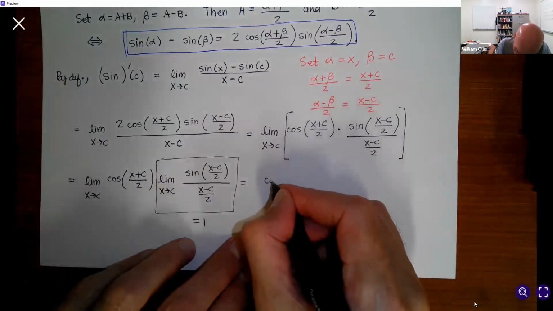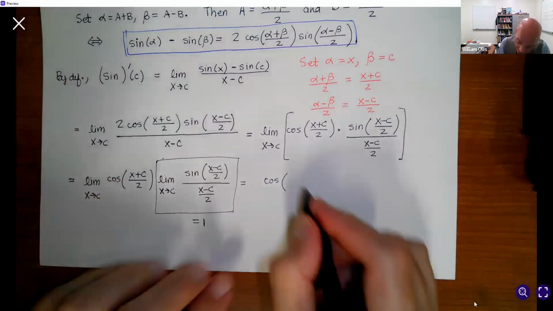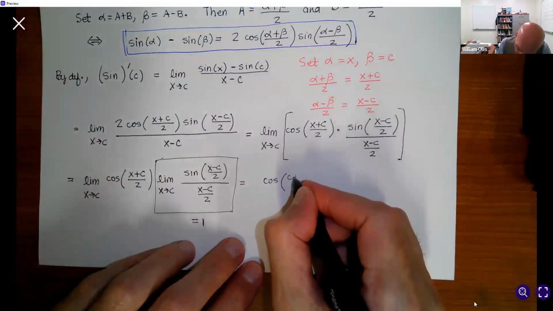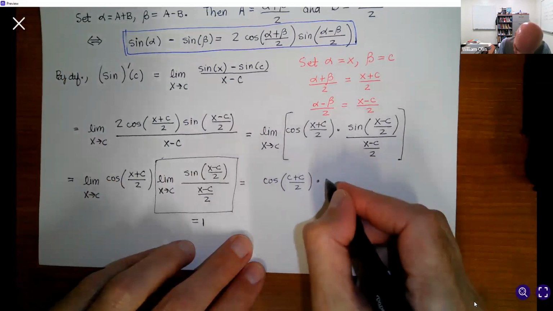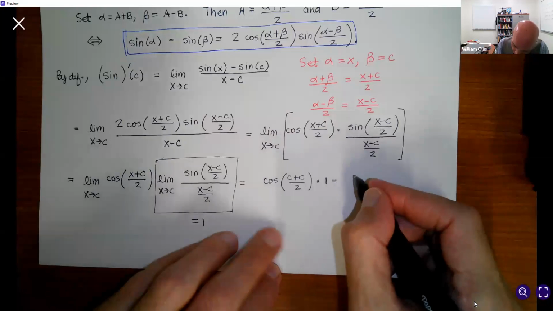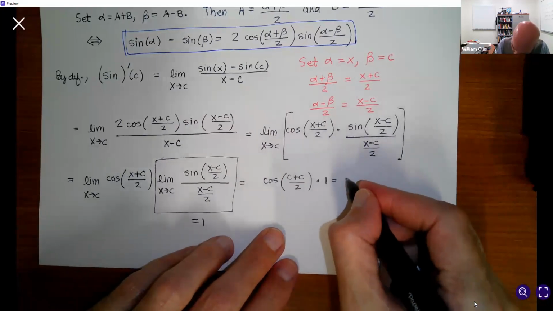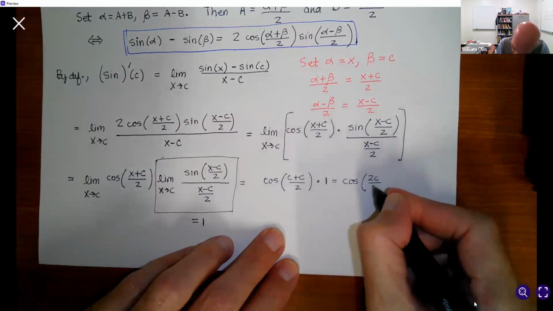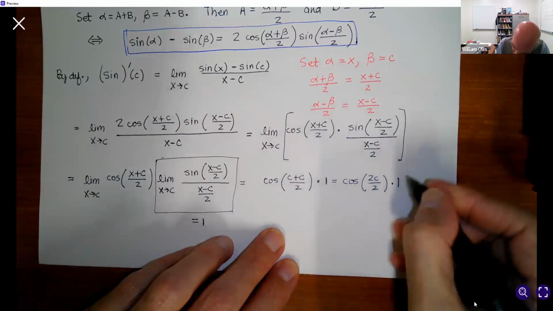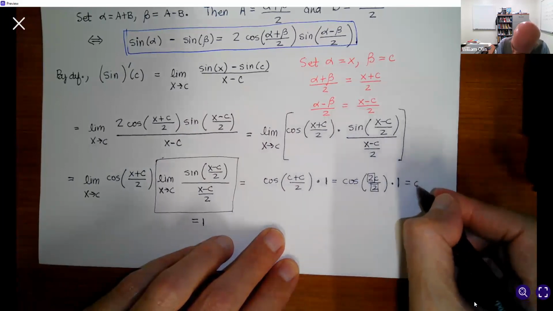We have cosine, and we replace x with c, so we get c plus c over 2, times 1. Even better, we have cosine of 2c over 2 times 1. The 2 is absorbed, and we just get cosine of c.